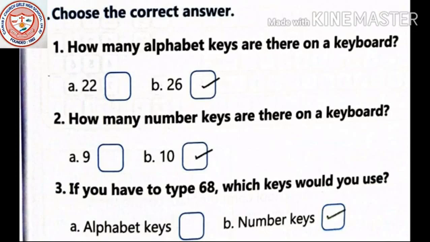Number 2, how many number keys are there on a keyboard? 0 to 9 means 0, 1, 2, 3, 4, 5, 6, 7, 8, 9. That is 10 keys. Number 3, if you have to type 68, which keys will you use? Alphabet or number keys? Obviously number keys.